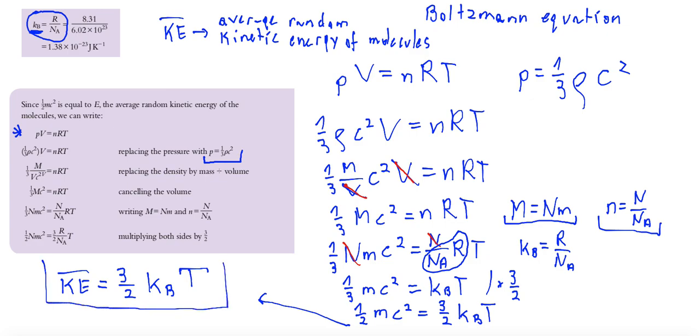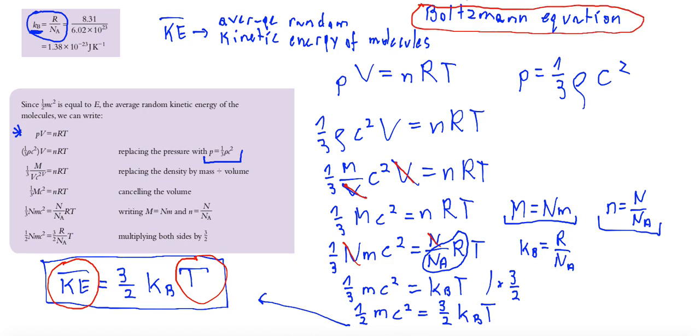And this equation, which links average kinetic energy of molecules with temperature, is known as the Boltzmann equation. And due to this, the definition of temperature: temperature is the measure of the average kinetic energy of molecules in the substance.